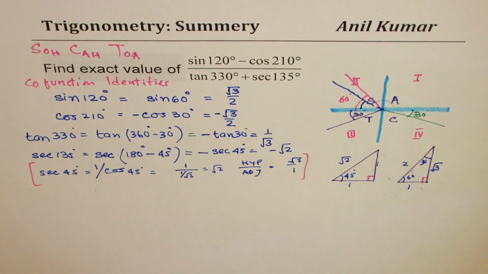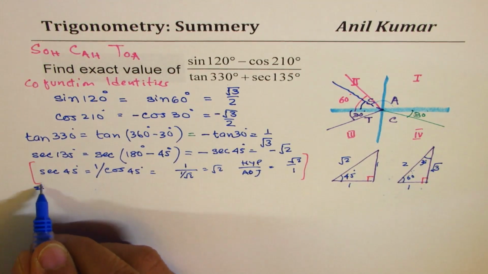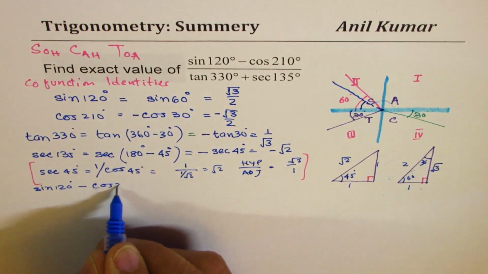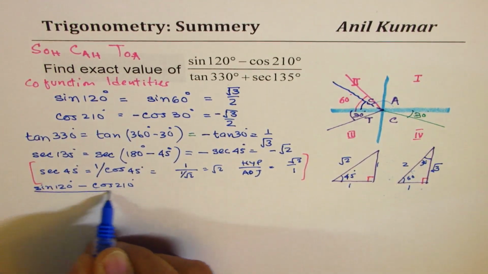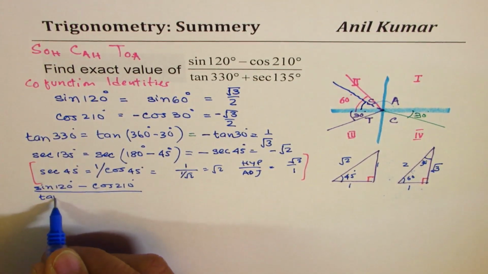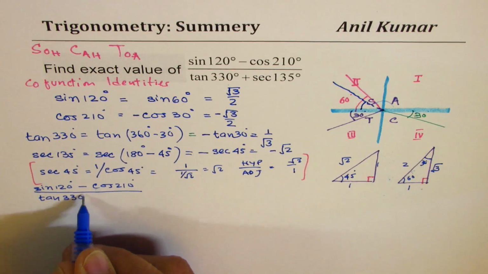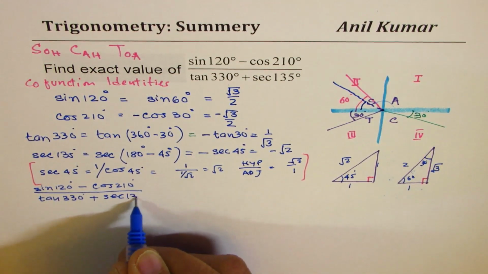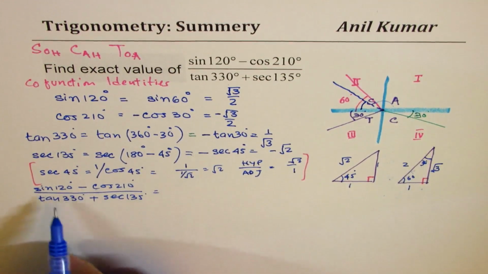So now we can clearly write down what is sine 120 degrees minus cos 210 degrees divided by tan 330 degrees plus secant 135 degrees.